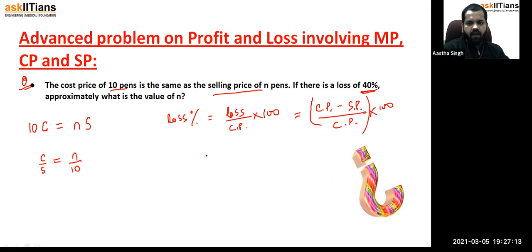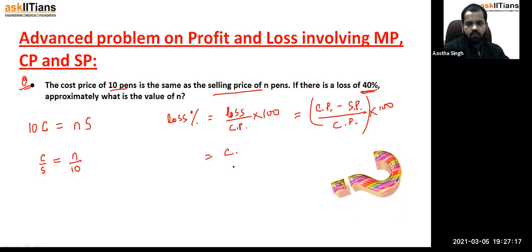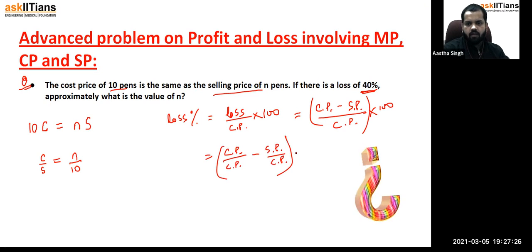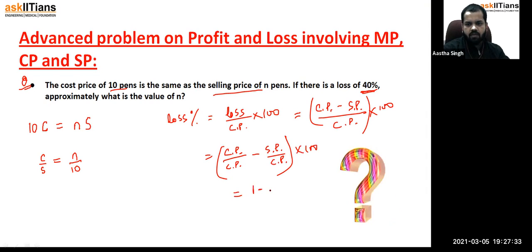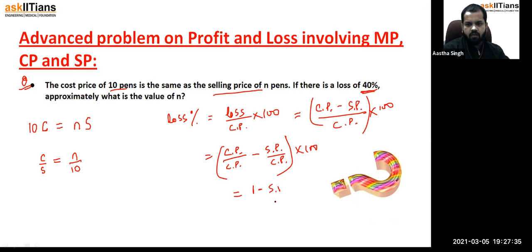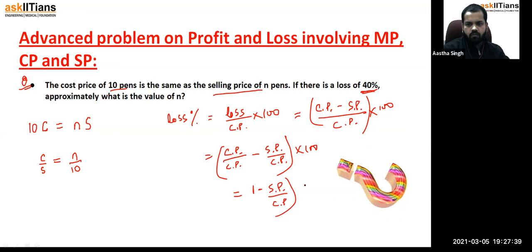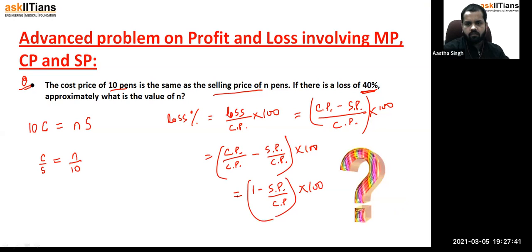If you individually divide, you will get CP upon CP minus selling price divided by cost price, multiplied by 100. CP upon CP is 1, and SP by CP is the selling price by cost price.